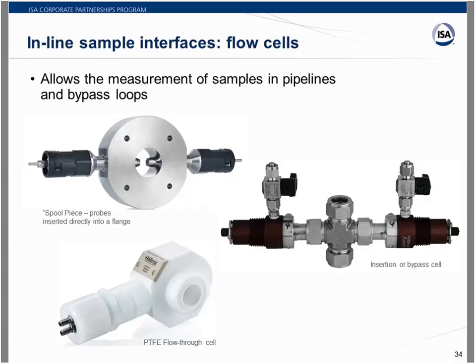You can also have certain bypass mechanisms that allow you to take off small samples and flow them through a smaller type of flow-through cell. So if you can't have a probe in a certain area, you can have a small bypass loop, which is a very common methodology.